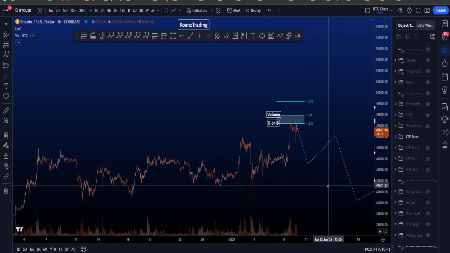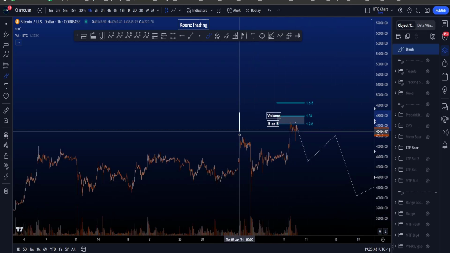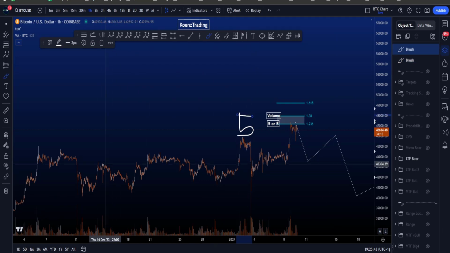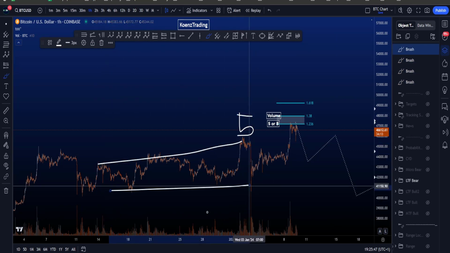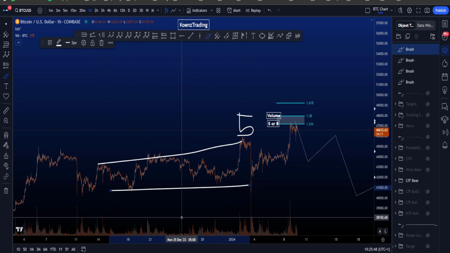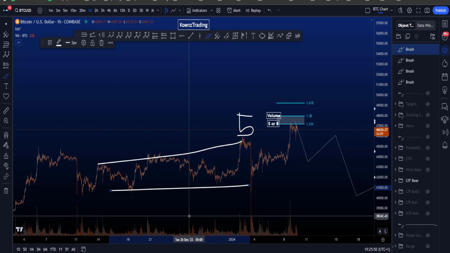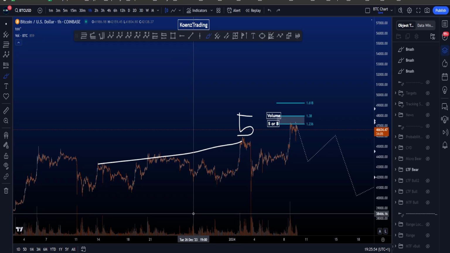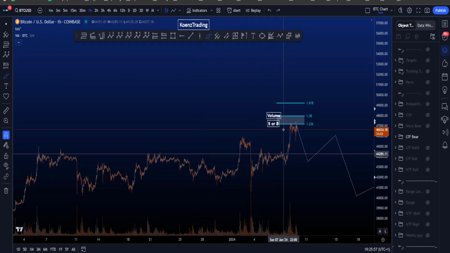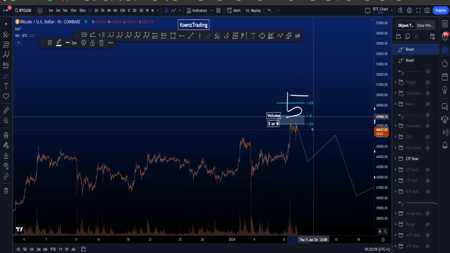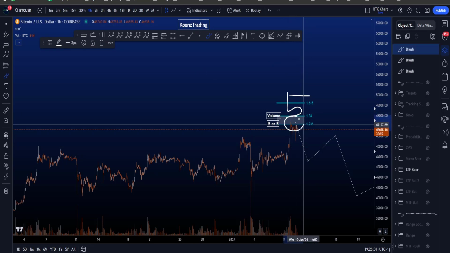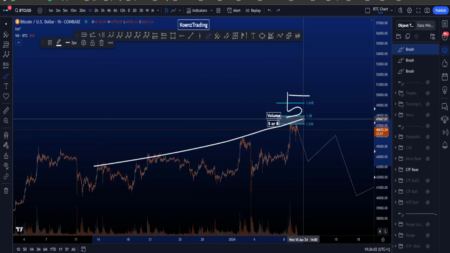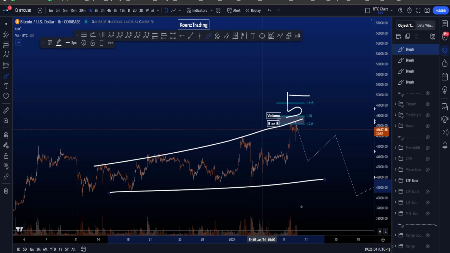What is not that nice, however, in this scenario is if you would put wave 5 over here, then we have an ending diagonal which is expanding, and expanding structures generally are rare. So unless all of the other scenarios fail, that is when these probabilities really start to increase. If you would put wave 5 over here at these highs, then you also still need to count this as some sort of an expanding structure.